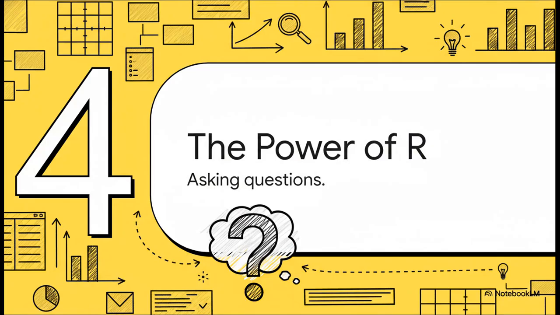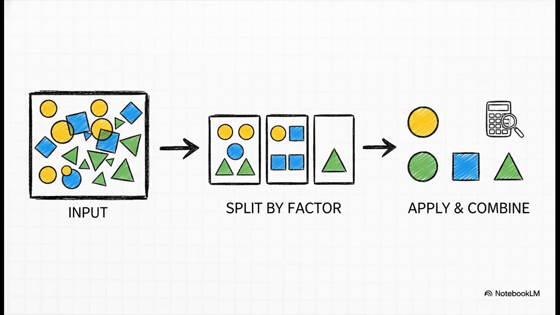All right, so now that our data is all properly structured inside a data frame, and R actually understands our categories, we can put it to work. We can start asking some really interesting questions. So let's see how this all comes together. This is the aha moment. R has these powerful functions that let us ask some pretty sophisticated questions with very little code.